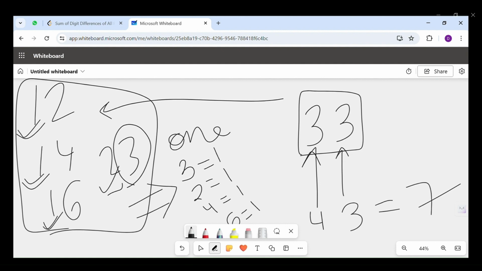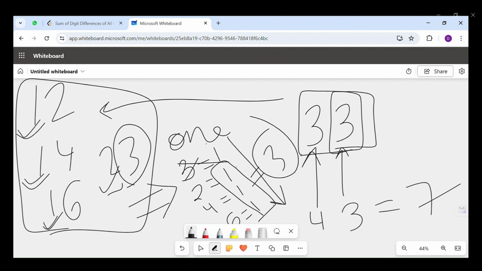So 3, 2, 4 and 6 all are present once. So we are storing in the hash map with digit and value is the count. Now for 3 we will have to check how many of these are different. 3 is same, so we don't count them. 2, 4 and 6 are different. So we will sum up all of those values and that will be the digit difference for ones place. Now we will do the same thing for tens place, hundreds place.